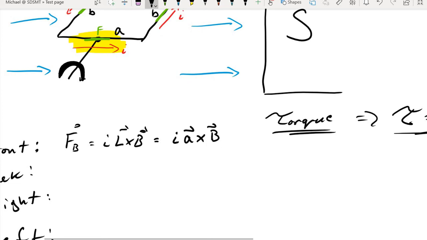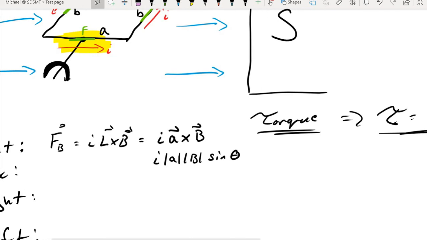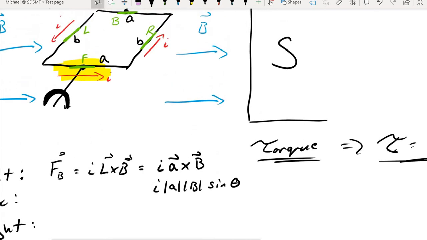Sorry, did I say dot product or cross product? I can't remember now. Obviously, we have the cross product in front of us. And so we need the magnitude of each vector times the sine of the angle between them. Now, vector A, this is the length of the wire, and it has to point in the direction of the current.